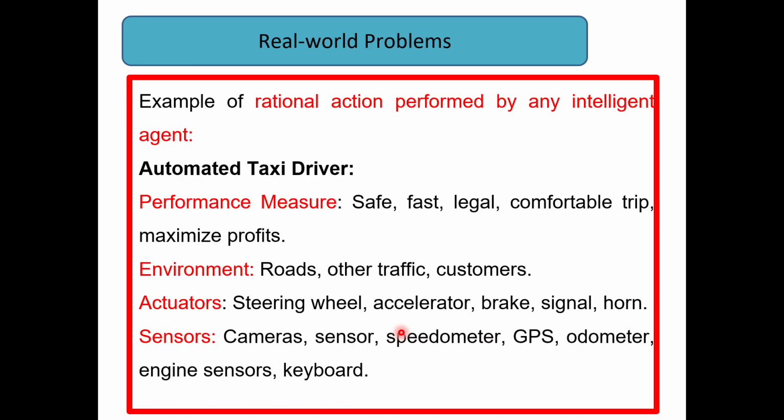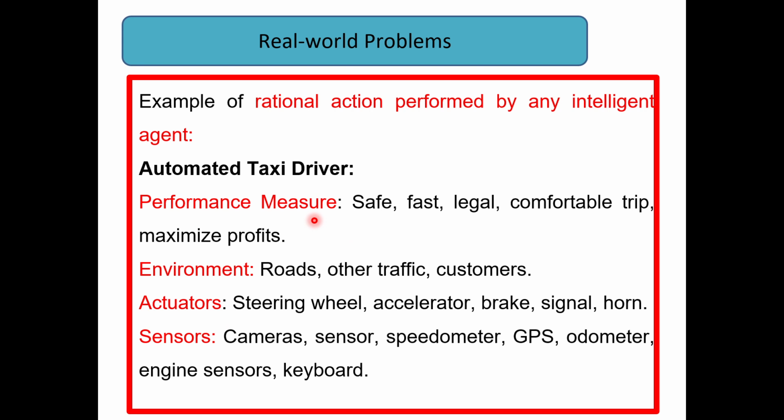So, a real-world example here: the automated taxi driver. For the automated taxi driver, we can see the performance measures, environment, actuators and sensors. Here the performance measure is how you say that the automated taxi driver is good.